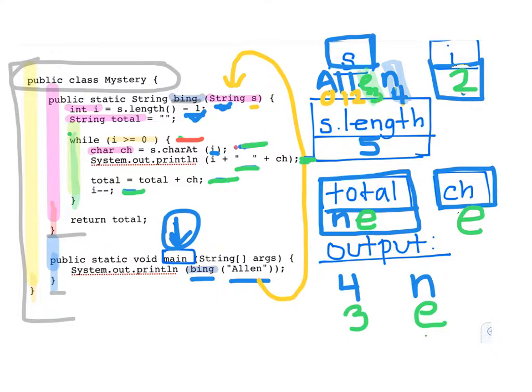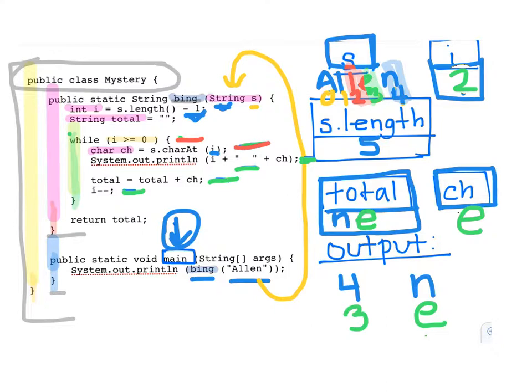So we're going to drop to this line of code. So ch is going to be equal to s charAt I. Okay, so I'm going to get my highlighter. So the s variable and the character at the 2nd position, I'm going to highlight it over here. So that is number 2.